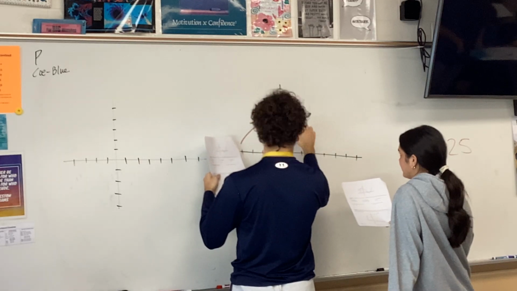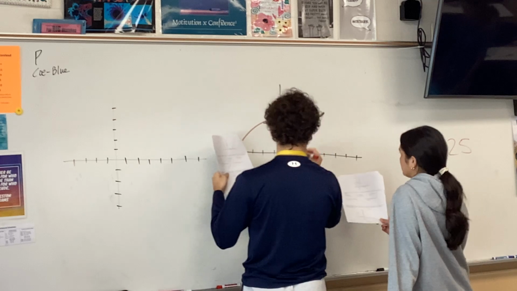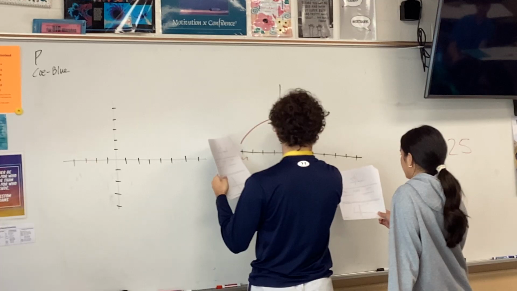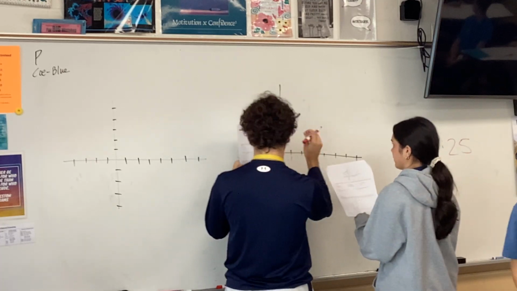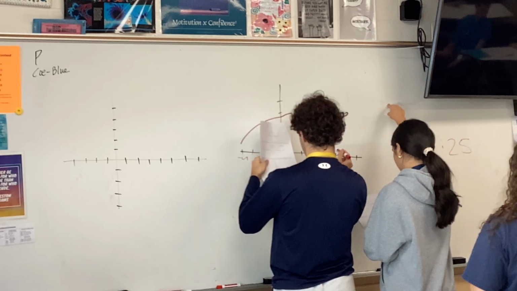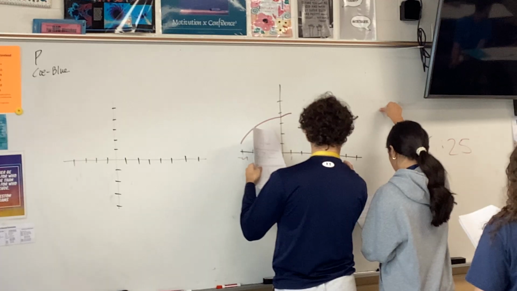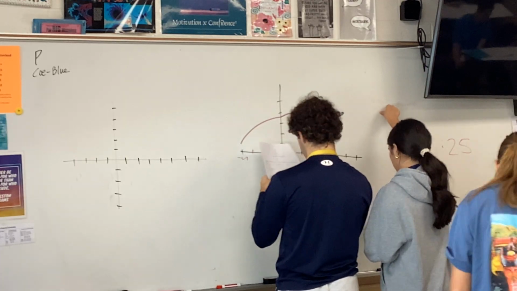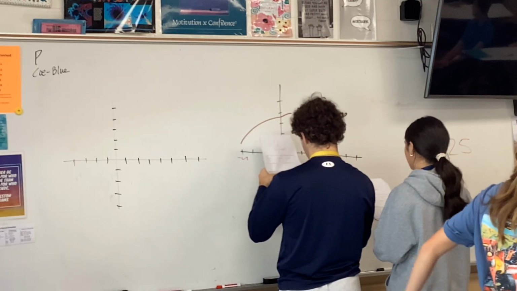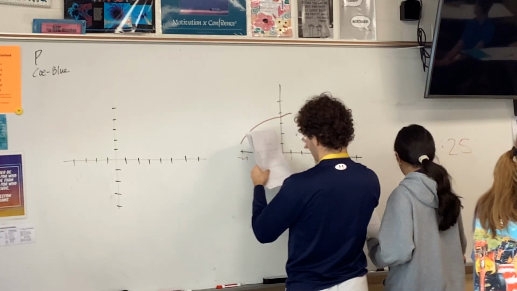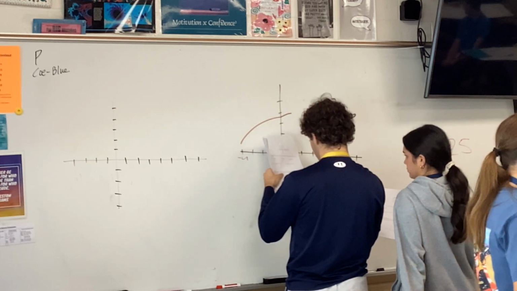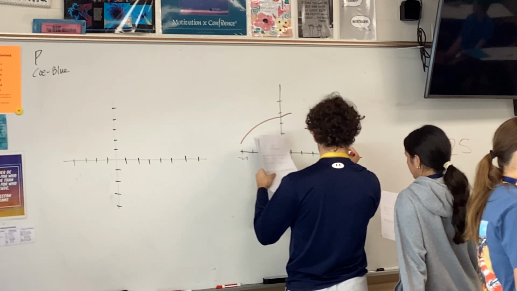It's decreasing from 1 to 5, and it goes down to 5. 5 has to be the lowest point.